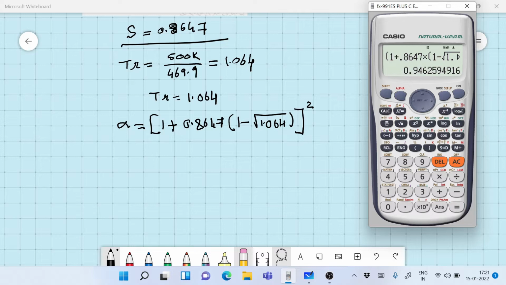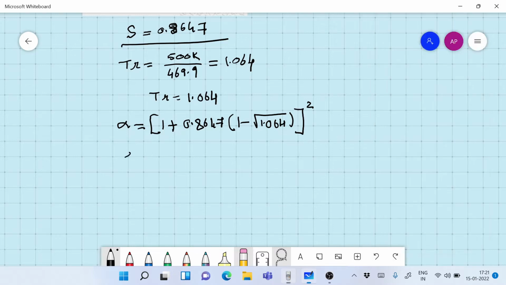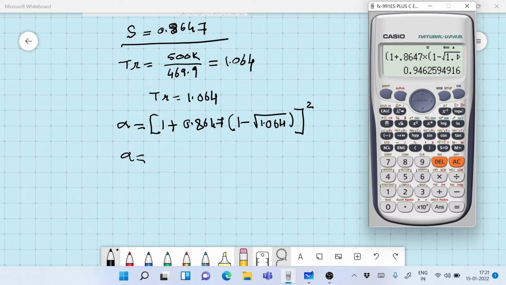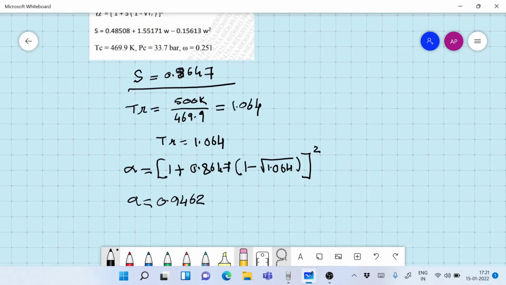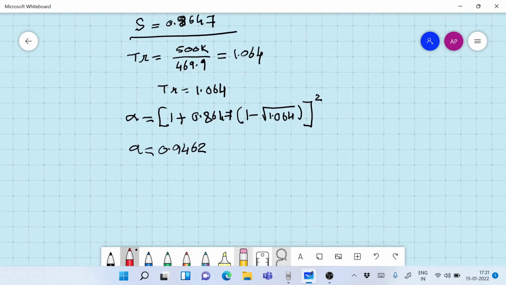That's it. Now alpha is equal to 0.9462. That is the value of alpha.